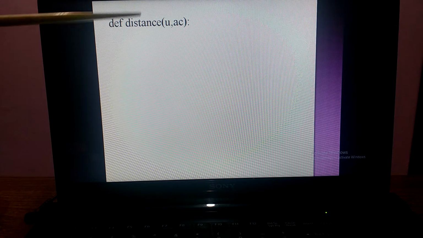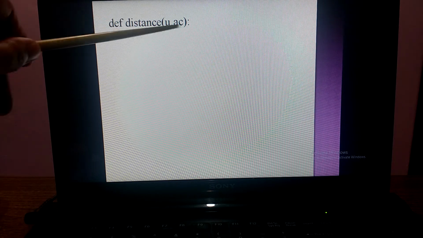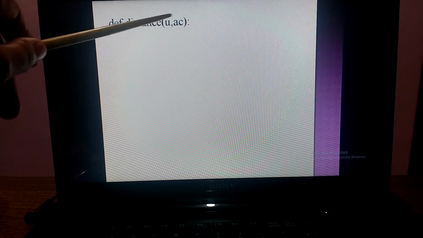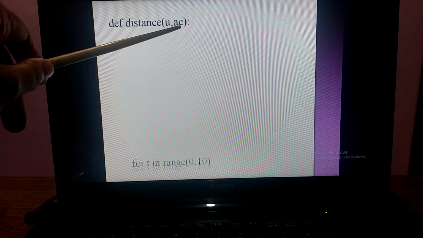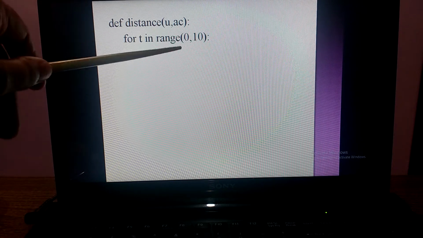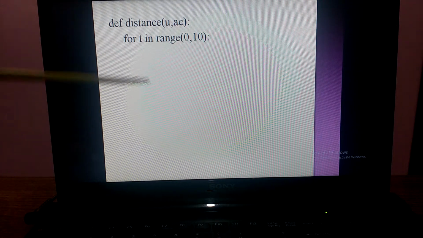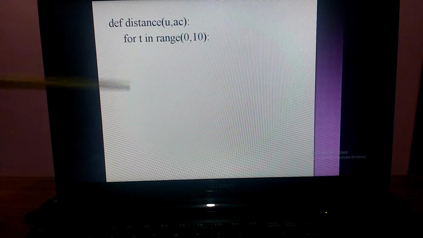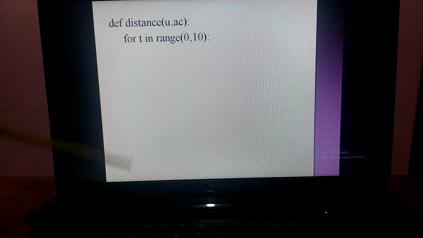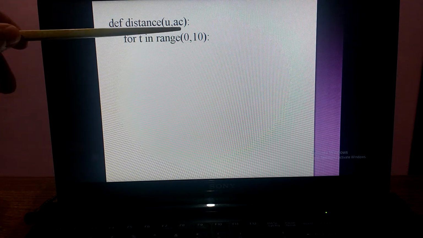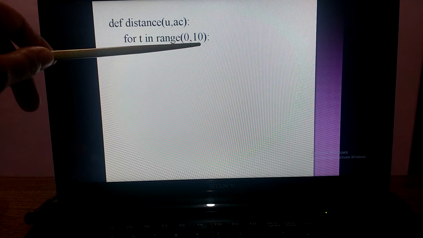This is the next function to calculate distance. I am using two parameters, initial velocity and acceleration. Here also I will be reading time from 0 to 10, because it should be common for both distance and velocity. I will be using these two values in my next method. So I am using the same range from 0th to 10th second.